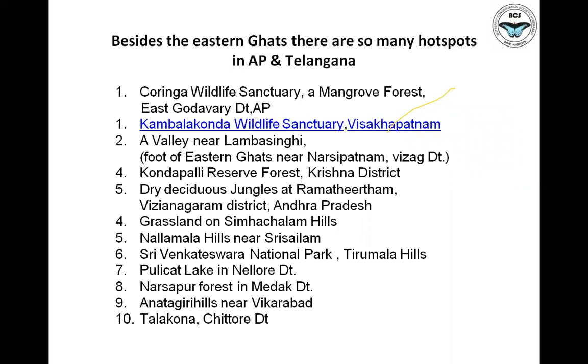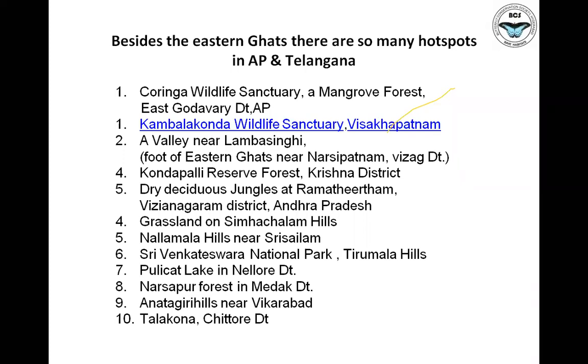Besides the Eastern Ghats, there are many hotspots in Andhra Pradesh and Telangana. Borra Wildlife Sanctuary, Kambalakonda Wildlife Sanctuary is also a valley near Lambasingi. The specialty of this valley is that in the summer also the temperature goes down to 5 to 10 degrees sometimes.